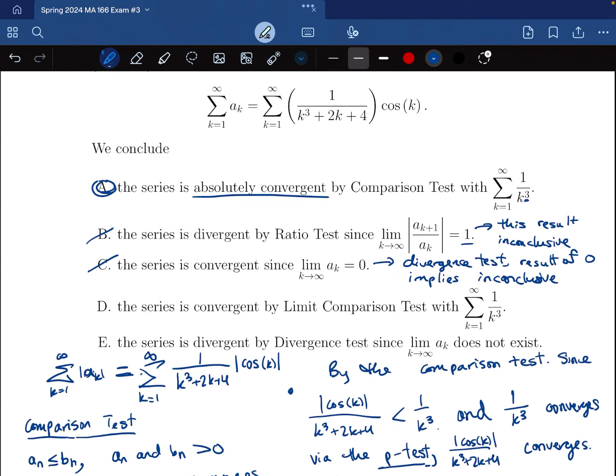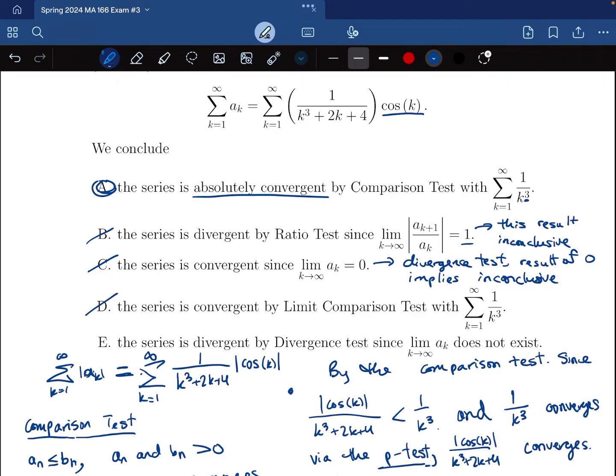This condition is also true for the limit comparison test: AN and BN have to be greater than 0. However, this is not true in the case of statement D, because cosine k can take on negative values, meaning that not every AN would be positive. So that's why D is false.